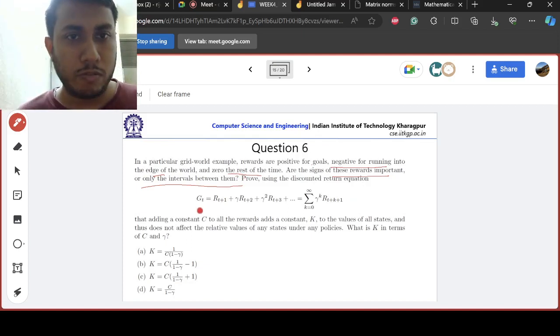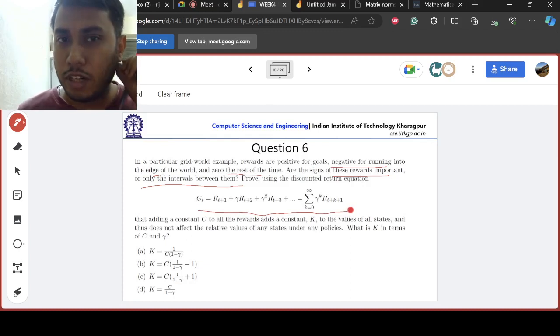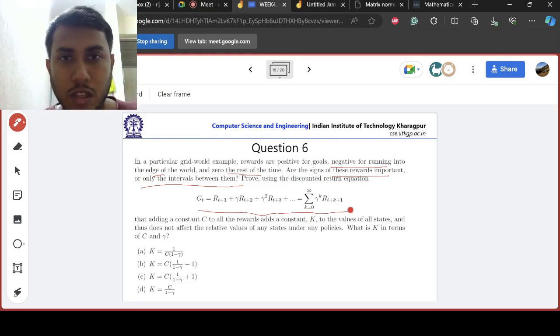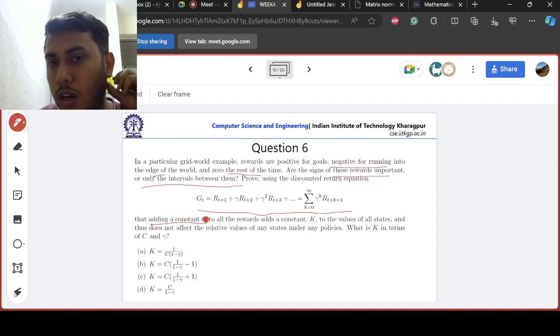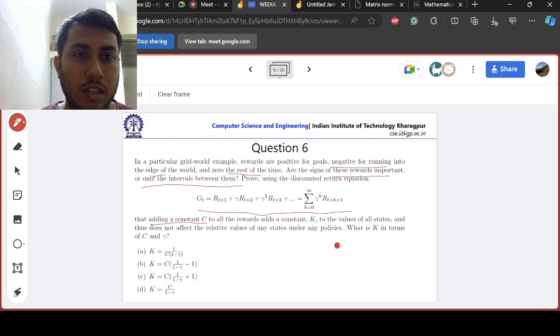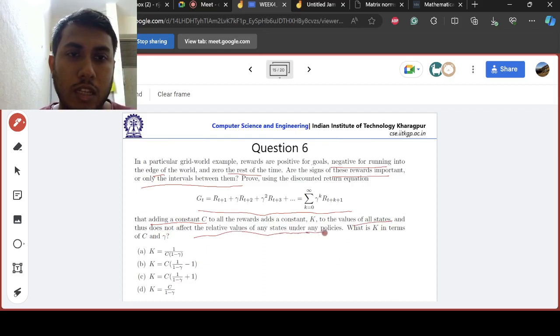Our question is, prove that for the discounted return equation, adding a constant c to all the rewards adds a constant k to all the states, and that doesn't affect the relative value in any policy.